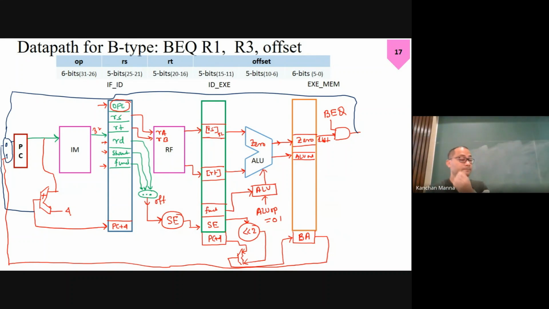And in this one, we will get to know whether it's equal or not in the execution stage, I mean after the execution stage. But before that we might have fetched 2 or 3 instructions. Yes, that we will discuss. In the earlier case, if you remember, I told you that if there is a feedback, then that will create a hazard. Now it will create a hazard, right? You can see.